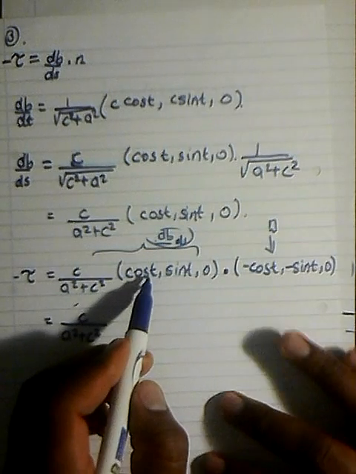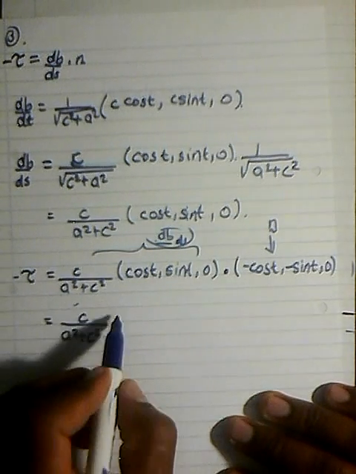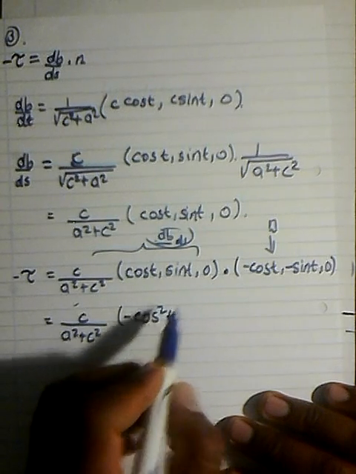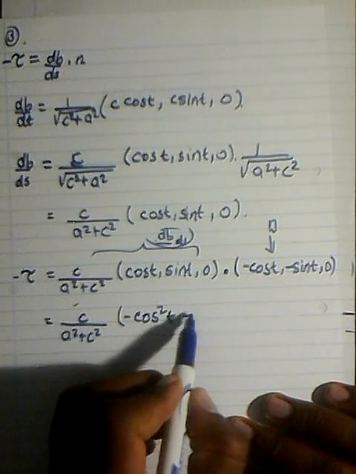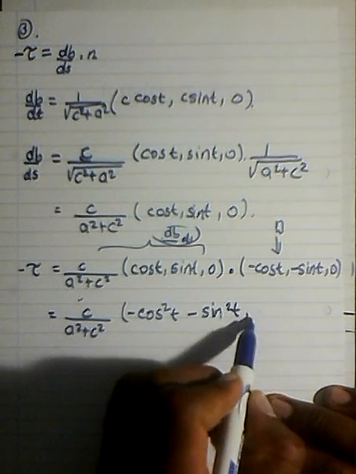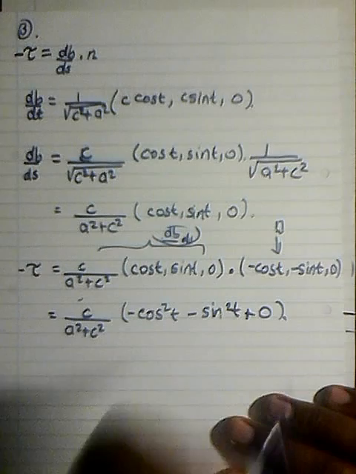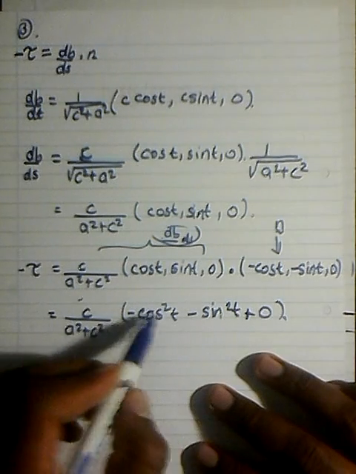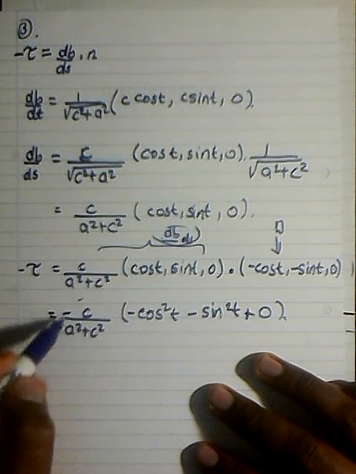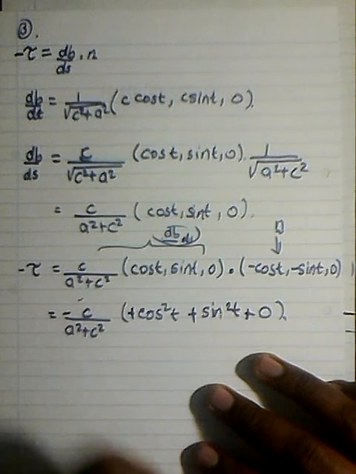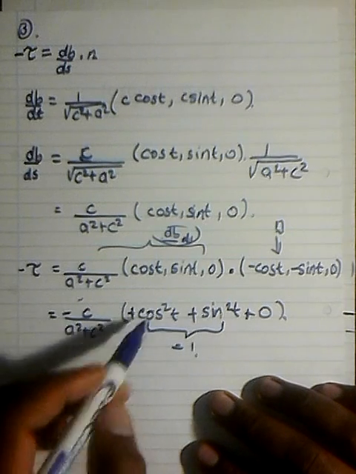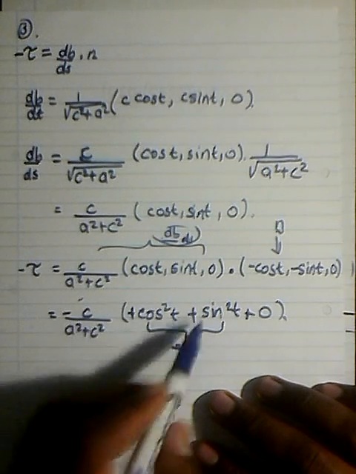So we have c over a squared plus c squared. Cos multiplied by minus cos gives negative cos squared t, sin multiplied by minus sin gives minus sin squared t, and 0 multiplied by 0 is 0. Then we can factor out a negative sign to have negative c, and this sum is positive and equal to 1, so whatever we have is multiplied by 1.